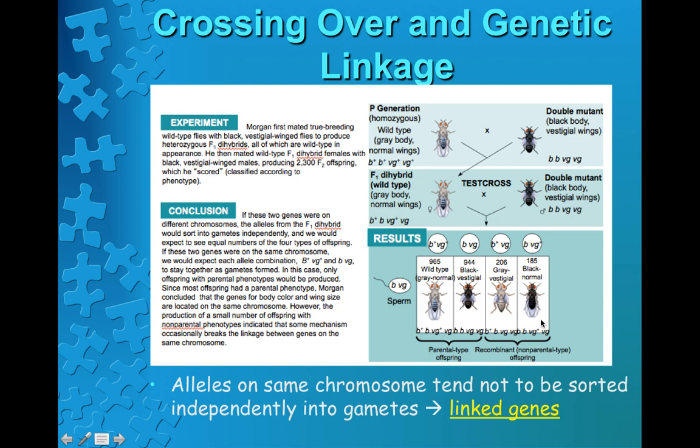What Morgan ends up seeing is that if we go through normal meiosis, we should expect a 50-50: 2 gametes to be parental and 2 gametes to be recombinant. That's not always the case, depending on where those genes are located on the chromosome itself. And so those linked genes don't follow this 50-50.